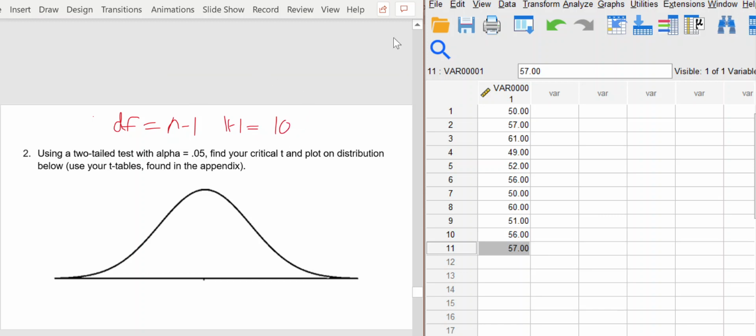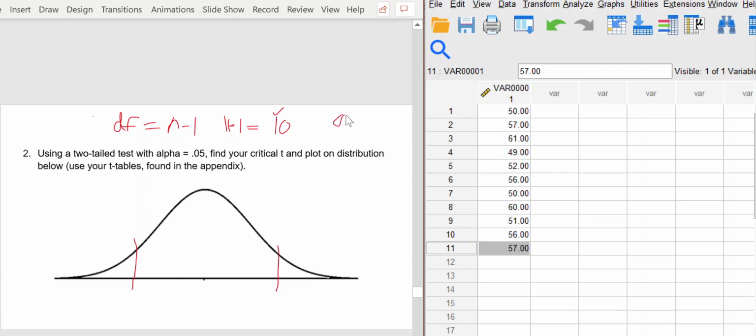And so we're going to go into a t table and find this t critical, because the t critical are the regions where you have the set point: if it's left of this, here's the critical region for statistical significance. If it's right of this, here's the critical region for statistical significance.